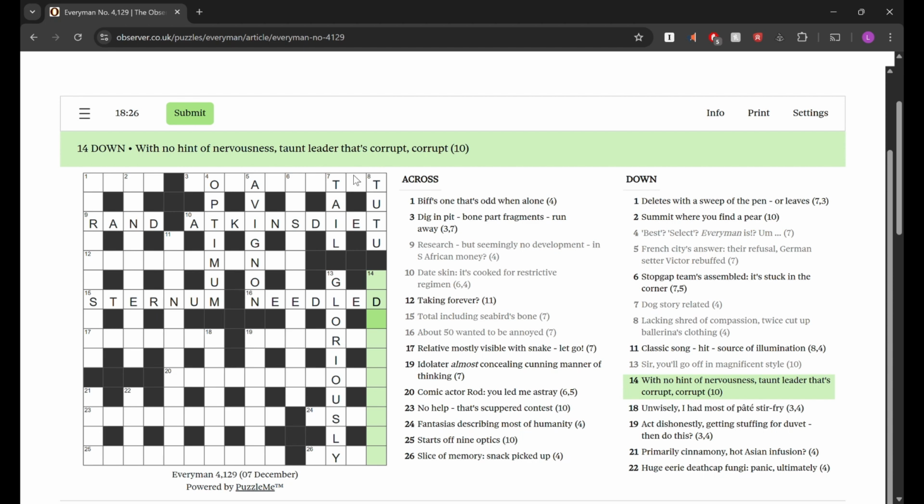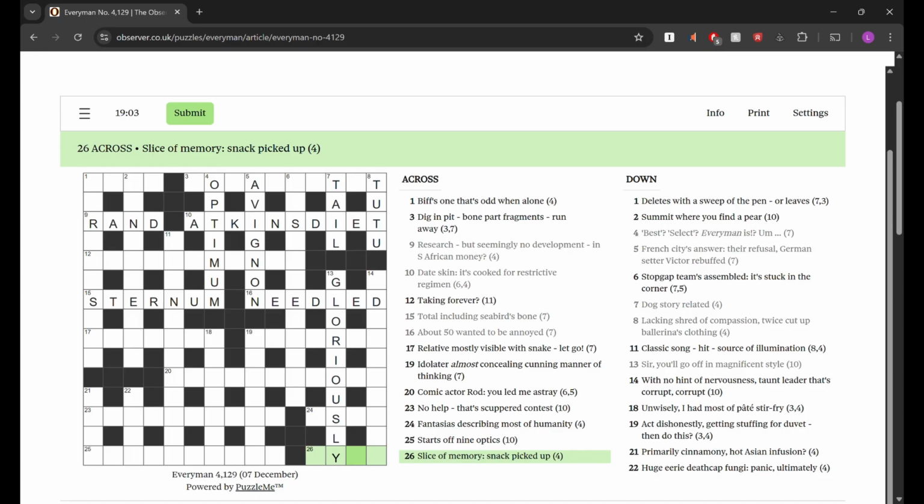That's 11 letters, isn't it? That's corrupt. Is corrupt the definition? With no hint of nervousness, like confidently, proudly, daringly. Corrupt.